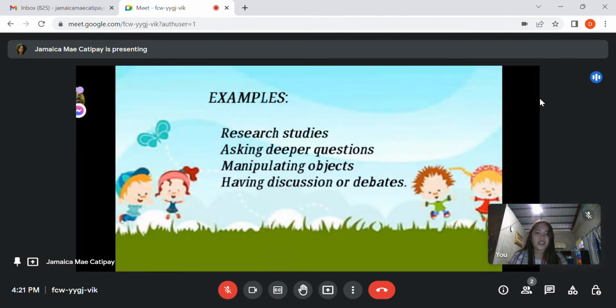For example, we have research studies, asking deeper questions, manipulating objects, and having discussions or debates. This falls under discovery learning. If we conduct research studies, especially on a difficult topic, we need to search for more information, and by that we are discovering and learning new things to apply to our research.